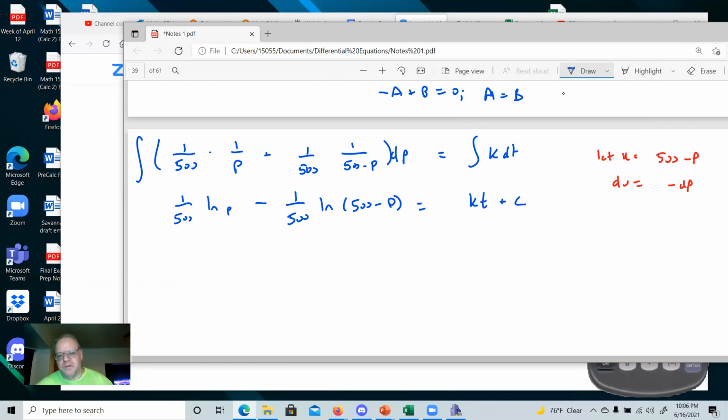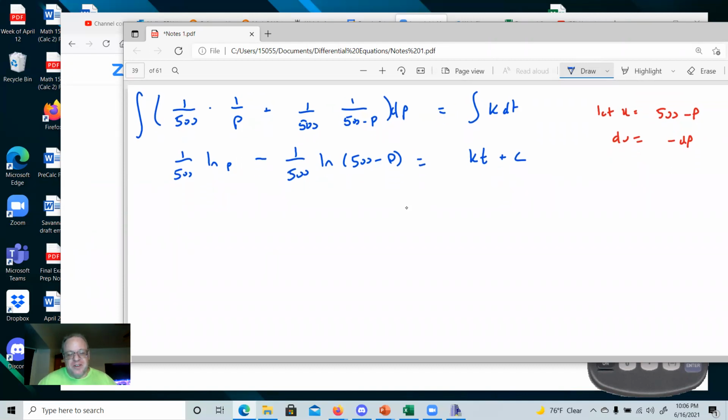Let me warn you in advance, there's going to be a couple of algebraic steps here. It's all going to be delightful. So here we have 1/500 times the natural log of P over 500 minus P. Remember, there's a logarithm property that says log of A over B is equal to log of A minus the log of B. We just did this in reverse.